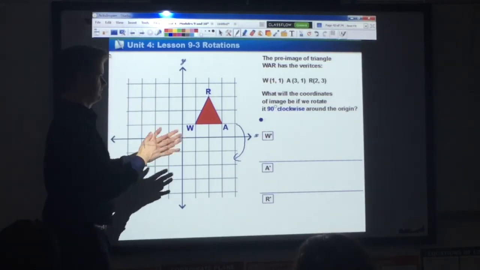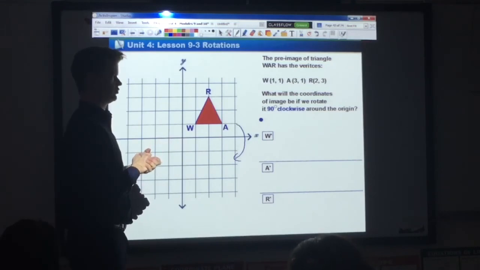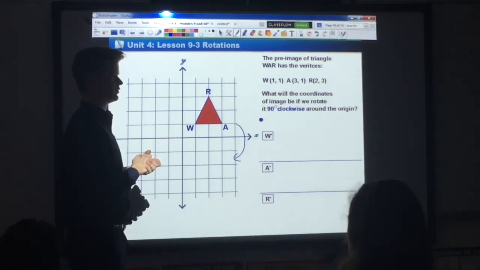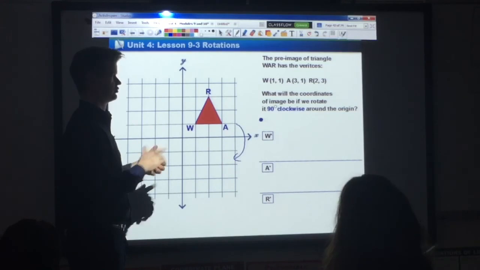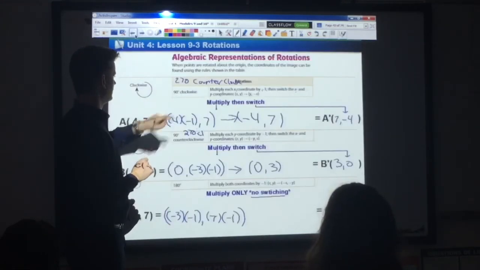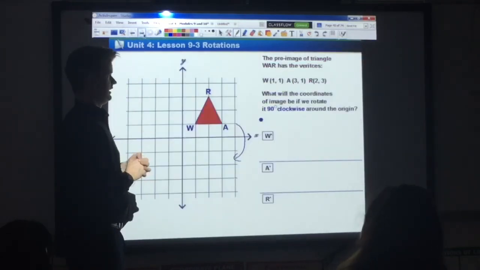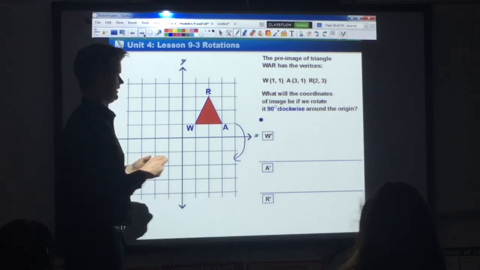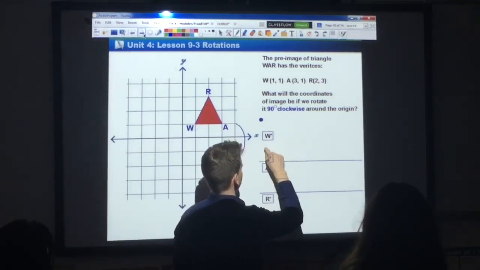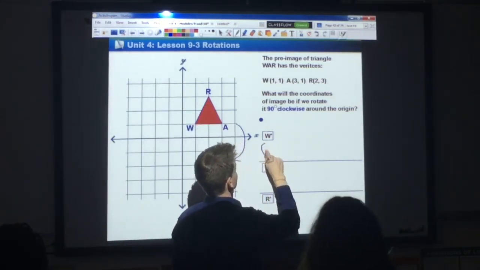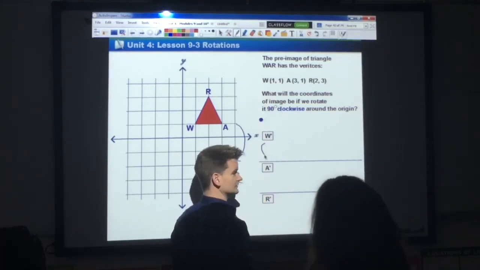So Colby, 90 degrees clockwise. Tell me, looking at the rule, if I'm going 90 degrees clockwise, what am I multiplying? Which coordinate? Look at the rules. We'll go back. 90 degrees clockwise right here. Which coordinate gets multiplied? X. The x by? What are we multiplying the x by? By -1. So, let's do that. If I multiply the x by -1, what's that going to give me?